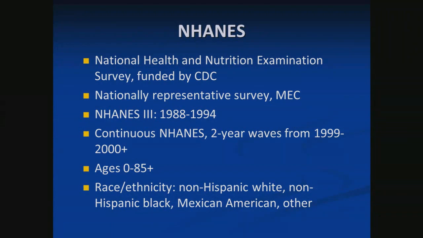They include very small children, who I don't think have blood drawn, but they have some of the examination done, and they ask questions of a parent. And then all ages going up from there. The race and ethnic groups that are represented are primarily non-Hispanic white, non-Hispanic Black, and Mexican American. Those are the largest groups.